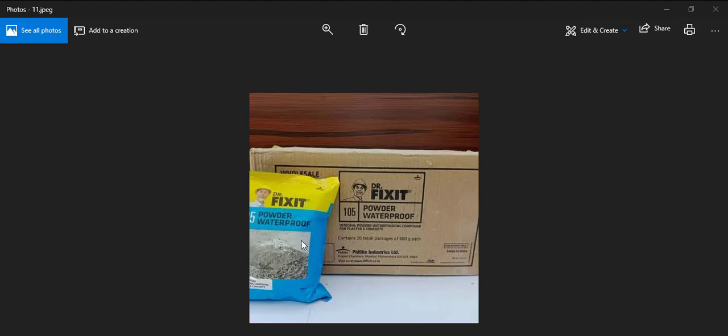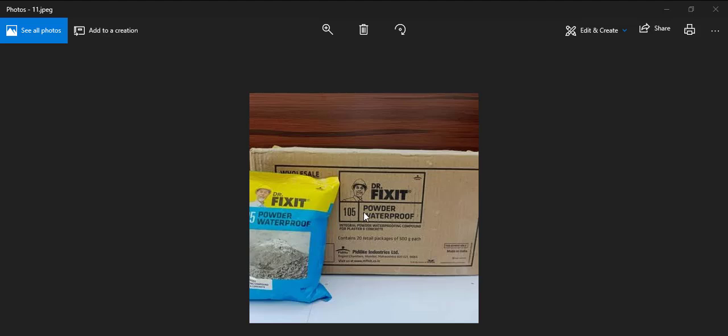It should be like 500 gram, can be mixed with one bag of cement. Very important. So know your mixture. One pack of this is mixed with one bag of cement plus the mixed ratio of that.